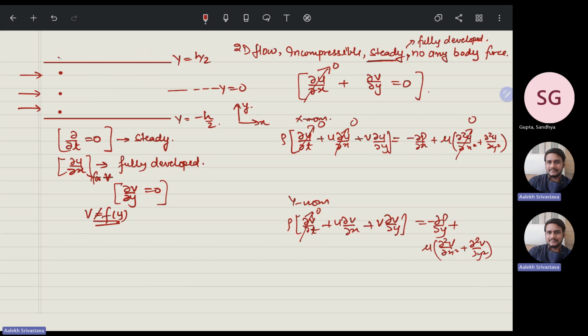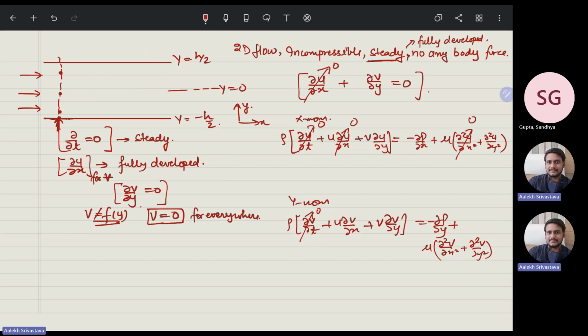For common x, v should be constant because it's not a function of y. That means whatever v is here, that is equal to here, here, and here. Hence, because these are the walls, there is no velocity component in this direction. That means v is equal to 0 everywhere.